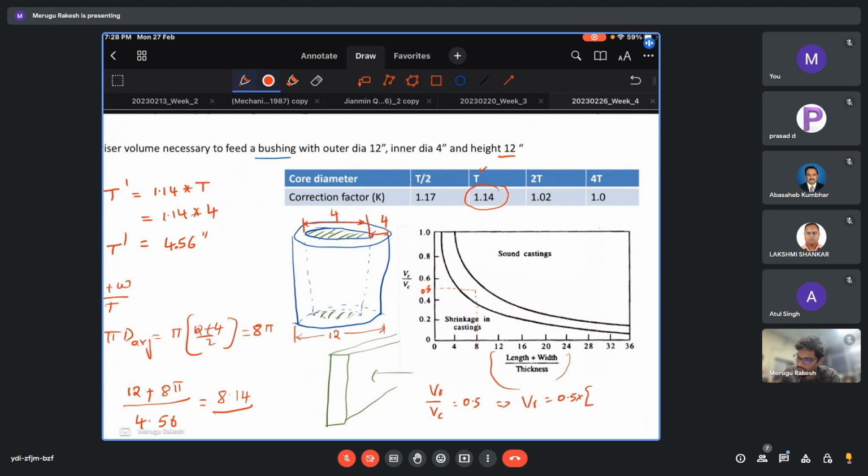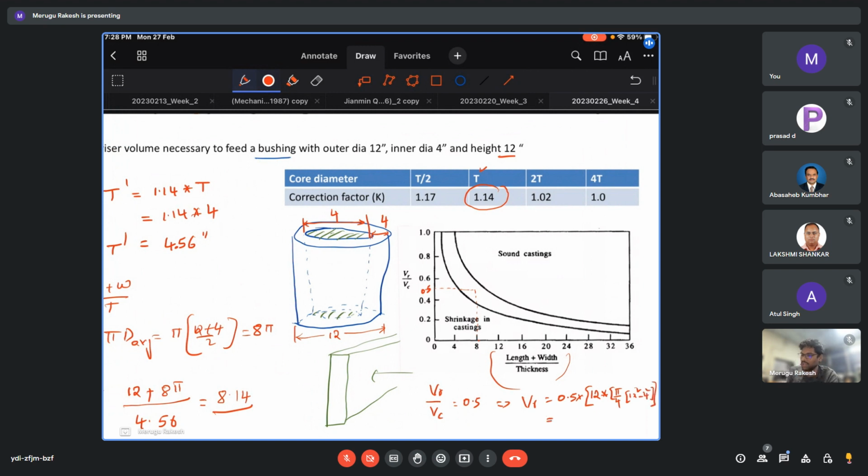That is nothing but, so this is nothing but a plate, or you can easily calculate. The height is 12 multiplied by pi by 4, outer diameter square, that is 12 square, minus inner diameter square, that is 4 square.